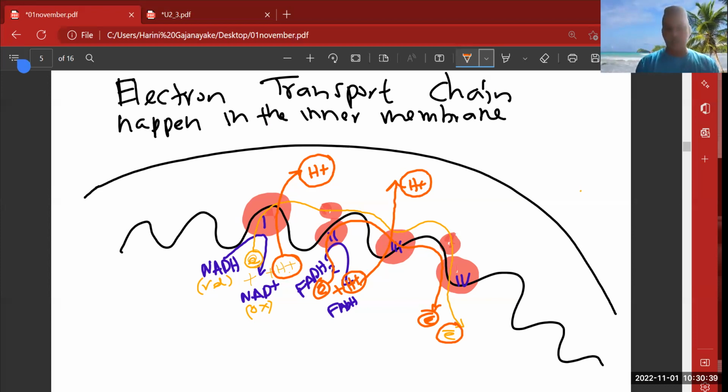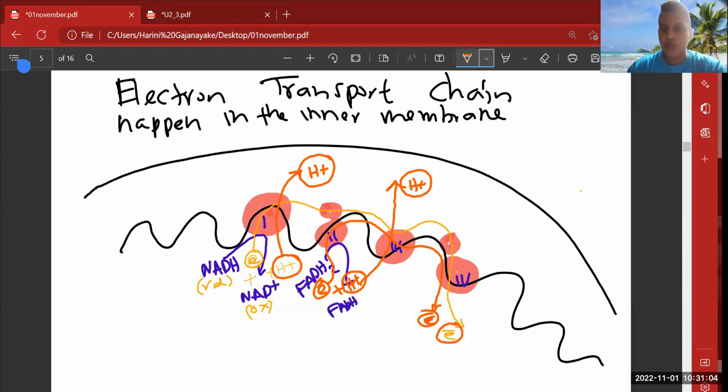Energy is released. Electrons move through these complexes, one, two, three, four, and then at complex 4 the electrons move out, exit, and this electron has no energy at the end.